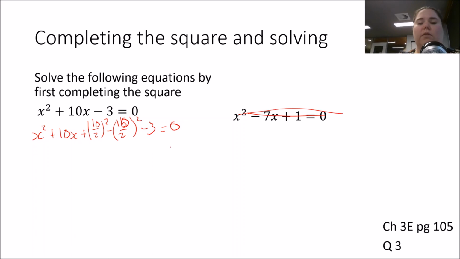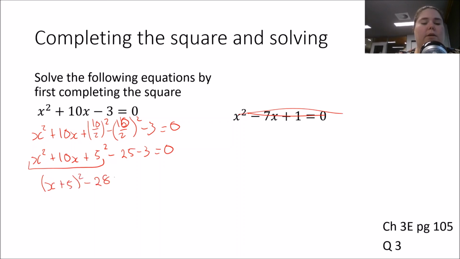Okay, and don't get rid of the equals zero because it is still an equation. We need to include that. So then x squared plus 10x plus 5 squared minus 25 minus 3 equals 0. This guy becomes our factorized, minus 28 equals 0. Okay, so we can complete the square.